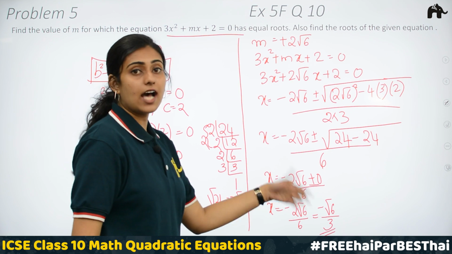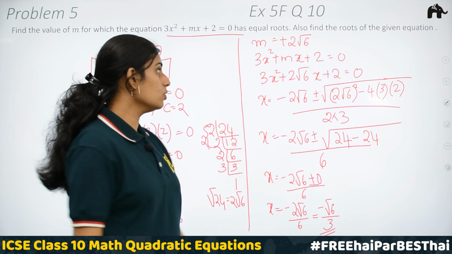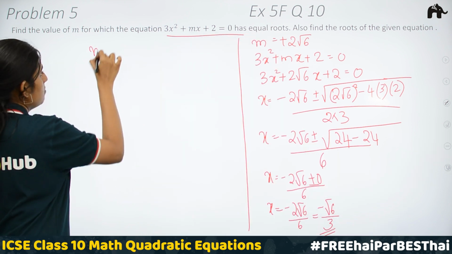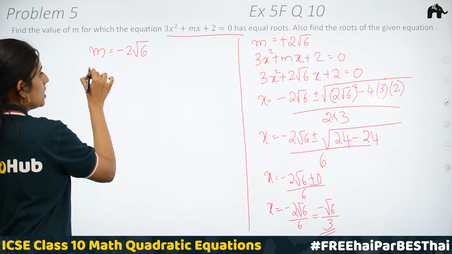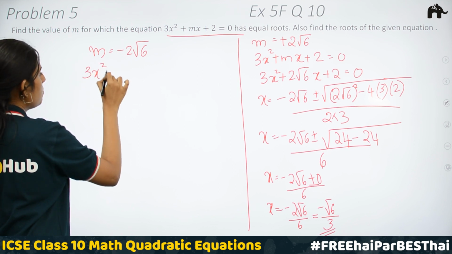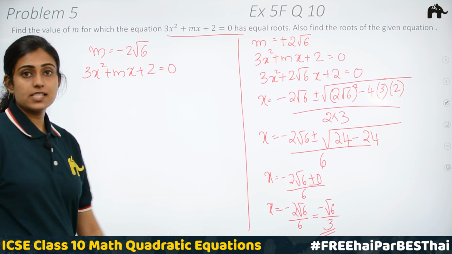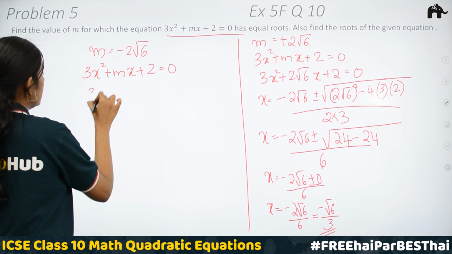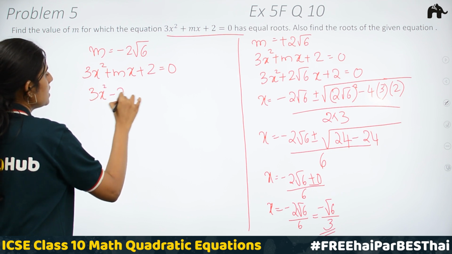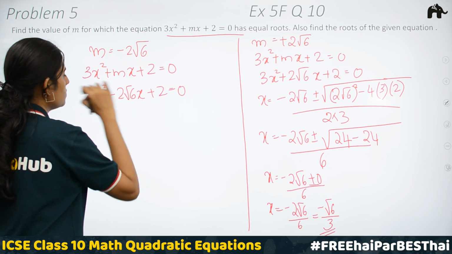Now let's find the other possible value when m is equal to minus 2 root 6. When m is equal to minus 2 root 6, the equation is 3x square plus mx plus 2 is equal to 0. Substituting m is equal to minus 2 root 6, we get 3x square minus 2 root 6x plus 2 is equal to 0.